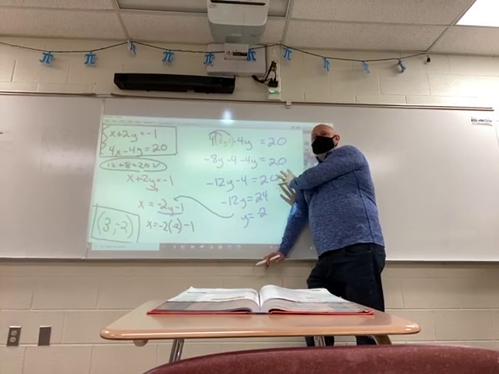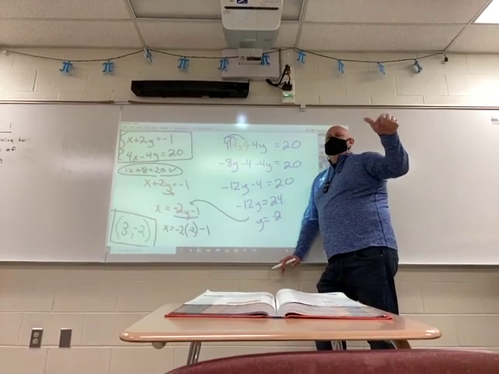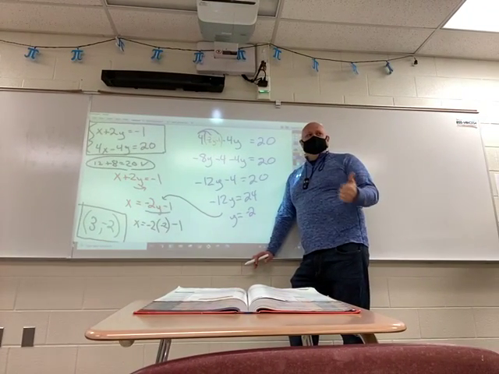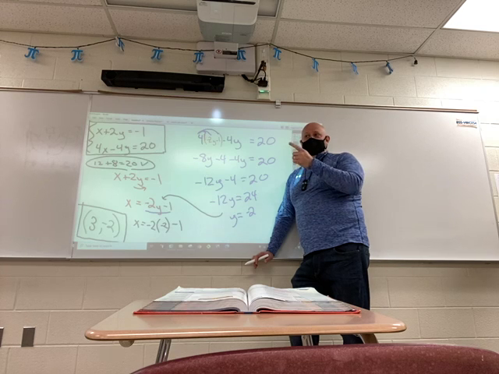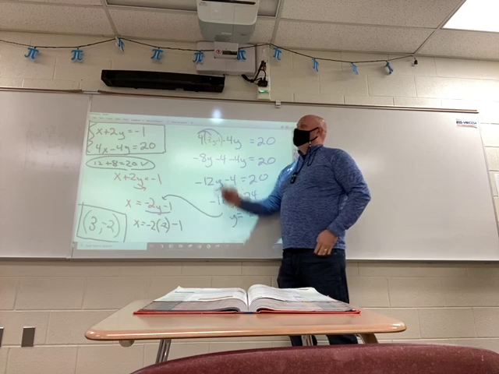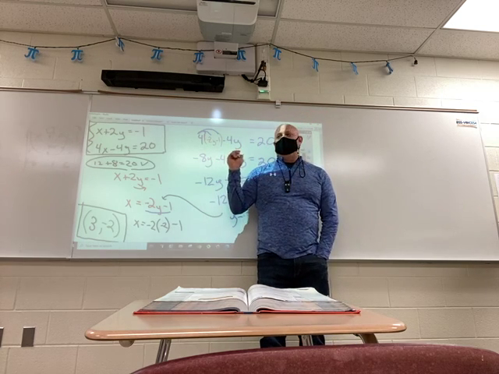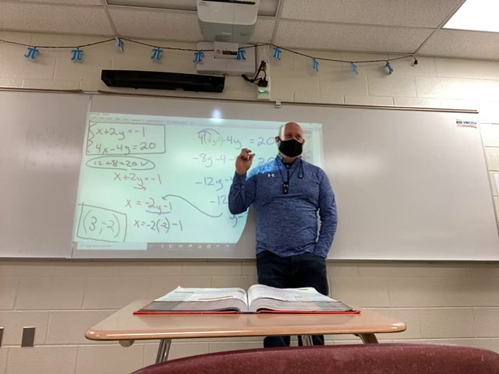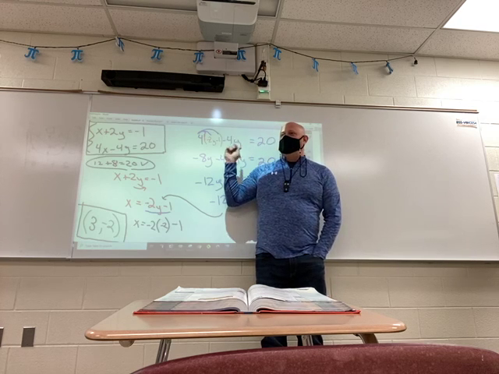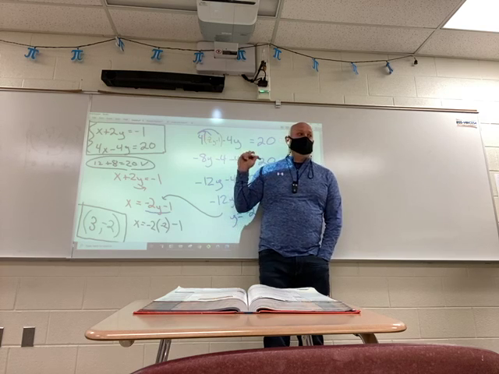This method, I think, is way better than the graphing method. What is the biggest downfall of the graphing method? Sometimes it's hard to be precise. If you run into a problem where the answer is ugly, like a decimal, are you going to be able to find that precisely with graphing? With substitution, yeah, this will spit it out.